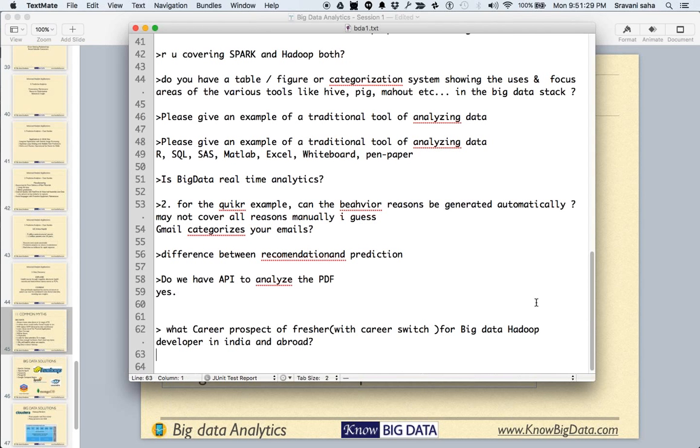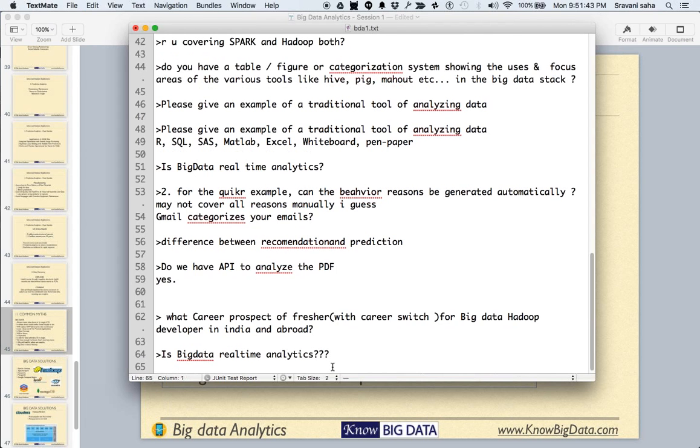Start with Python, that will be easier. If you are looking for a big data Hadoop developer role in India or abroad, then that will be the minimum requirement. I hope I've answered this question.